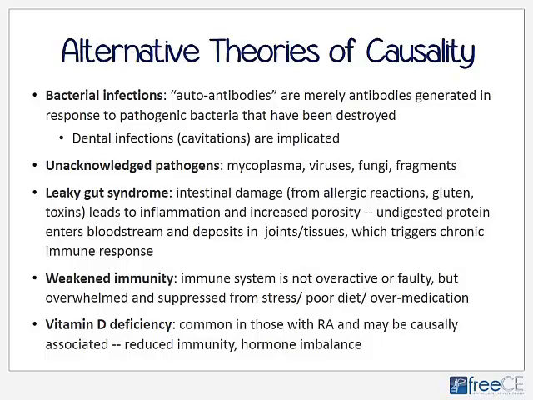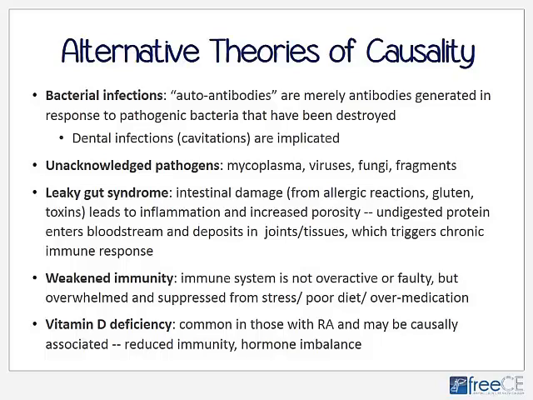And this leads to inflammation and increased porosity within the small intestine, and various undigested proteins, but also pathogens and certain toxins, can enter the bloodstream, and this gets deposited in various joints and tissues within joints, in particular the synovium, and this could be what is causing the immune response to those tissues and joints.